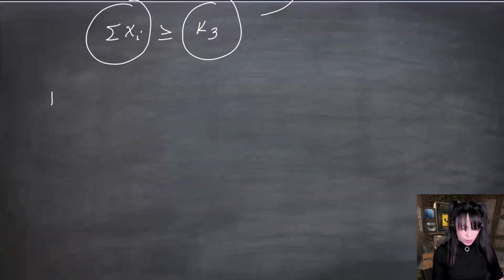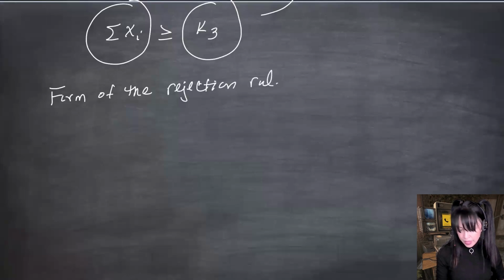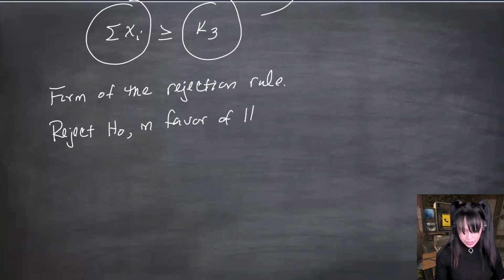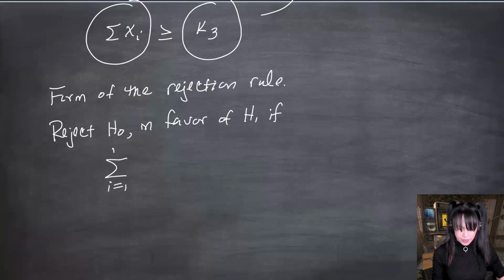So here is the form of the rejection rule. We're going to reject the null hypothesis in favor of the alternative if, and now I do want to make sure things are nice and random, capital, the sum as i goes from 1 to n of the capital X_i is greater than or equal to k.